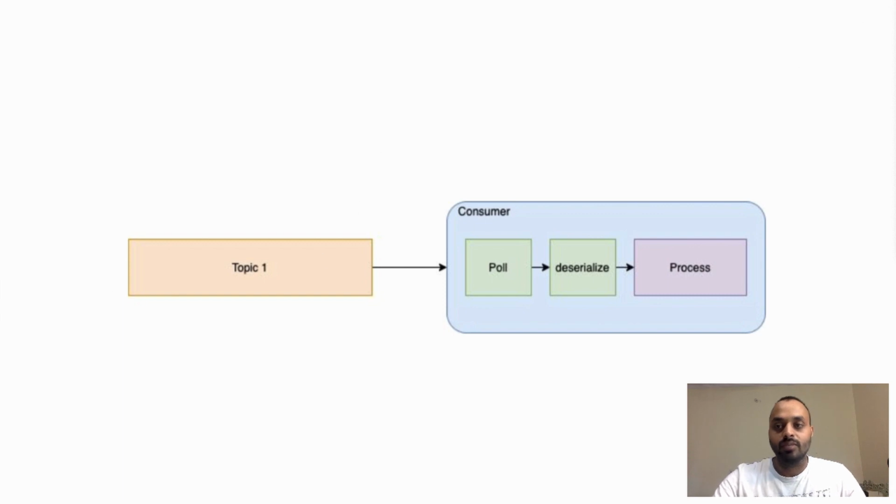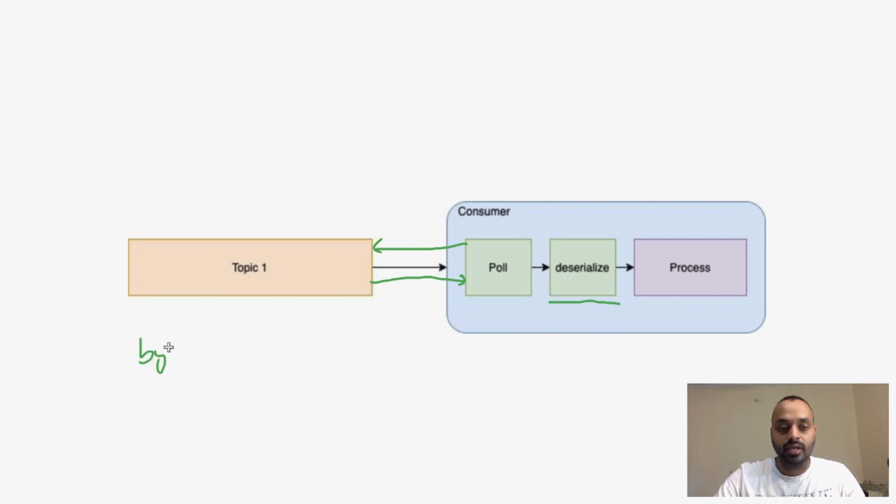So this is our example here. First the polling happens. For polling, the consumer asks for the data from the topic, basically the Kafka broker, which will provide data from that topic. This data is sent to the consumer, and after polling, the process of deserialization happens.